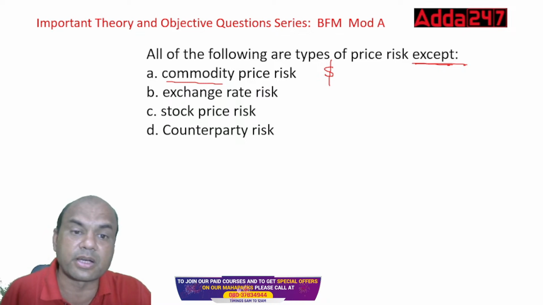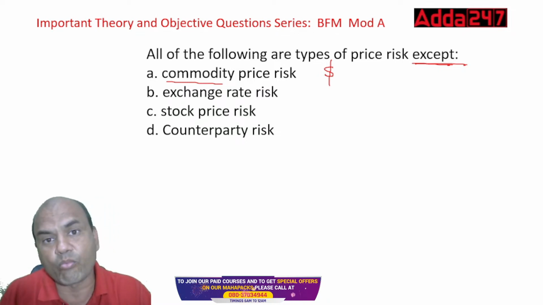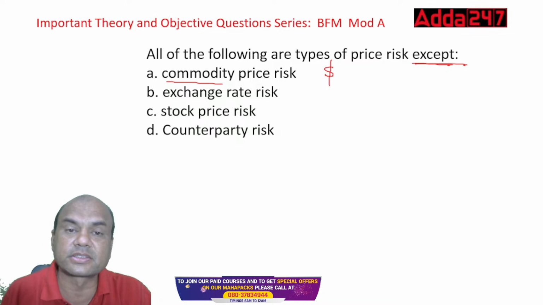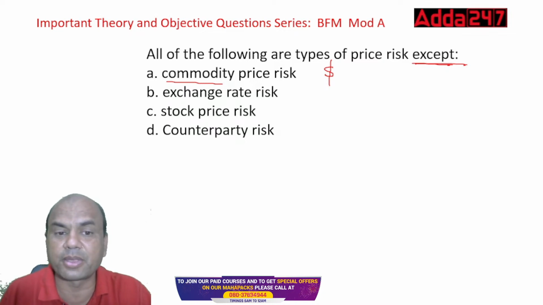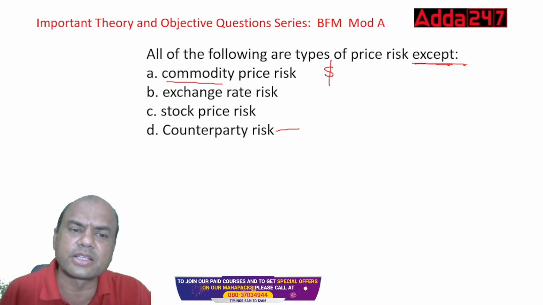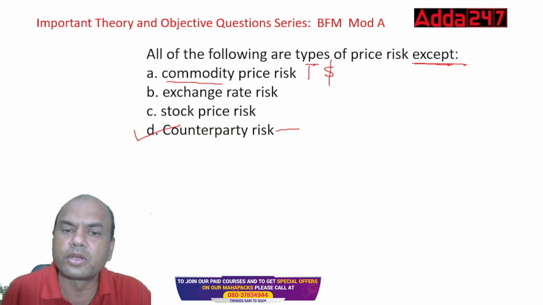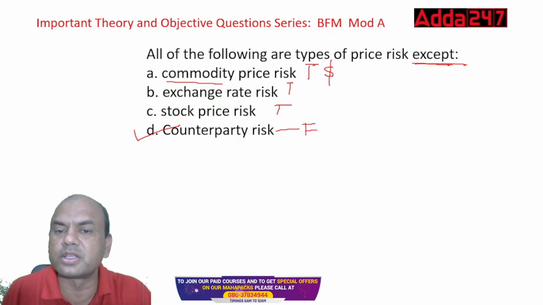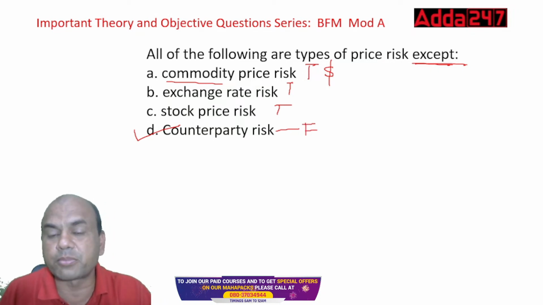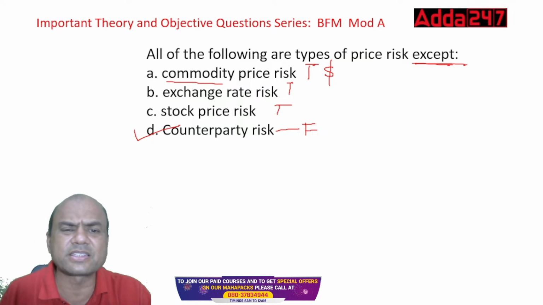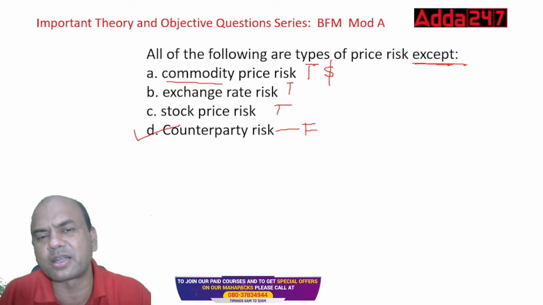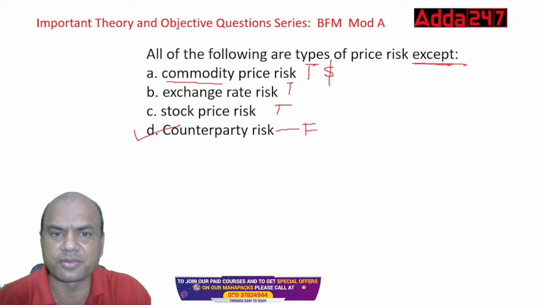Stock price risk and counterparty risk. Now it's a typical one. Counterparty is what? Just now we saw it, credit. So is it a part of price risk? No, isn't it? So this is the answer. These are all true, and this one is false, and we want the false one, which is not a type of price risk. Obviously, stock price risk is a part of price risk.